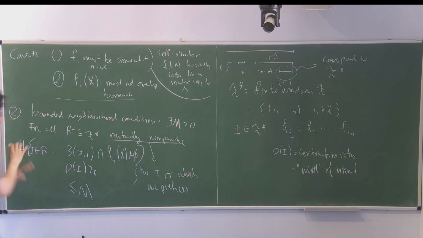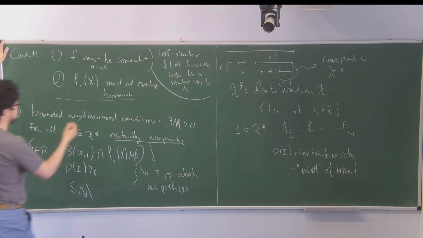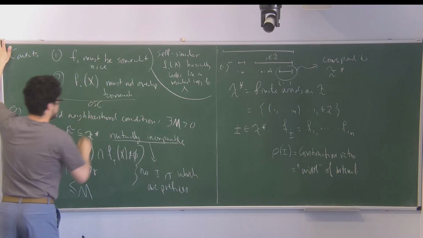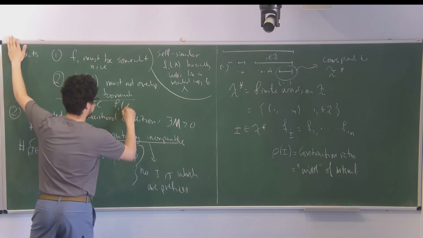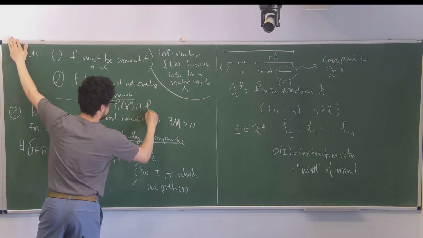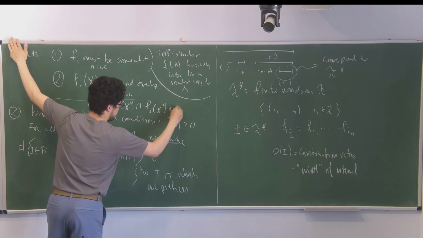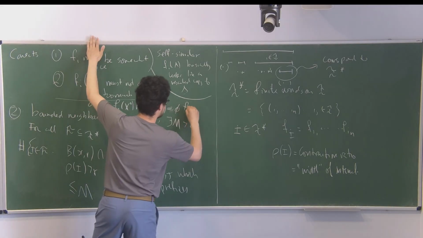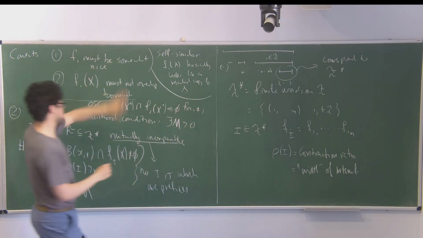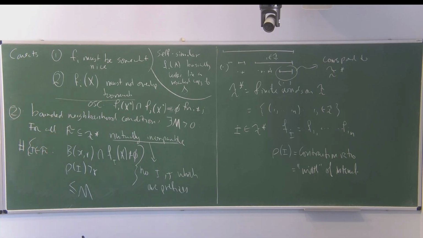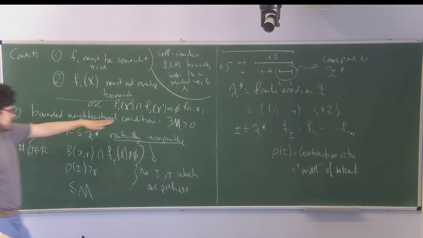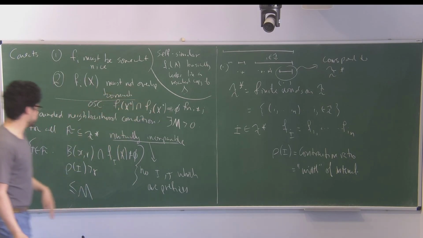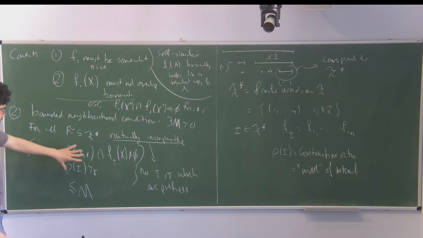You have probably seen other conditions that I'm not going to talk about, like the open set condition, which says things like f sub i of the interior of x intersect f sub j of the interior of x is empty for i not equal to j. These are clearly conditions that say not to overlap too much, but it turns out that this is sufficient in this generality.